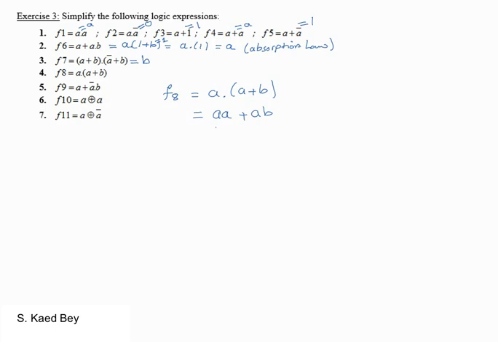A ANDed with A is always A. So I end up with A plus AB. Now this is the absorption law, which we proved before. We proved this here, which is equal to A into 1 ORed with B, or A ANDed with 1, which is A. So the answer for F8 is A.